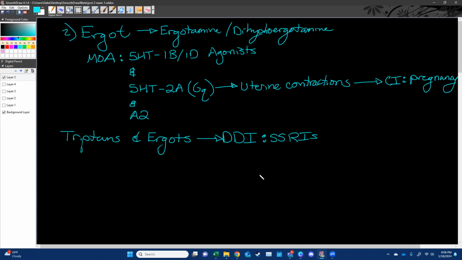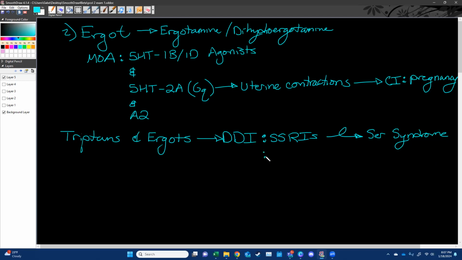The issue is that SSRIs increase the amount of serotonin available in the body, so if you combine these drugs with SSRIs, you have the chance of creating serotonin syndrome. So you definitely have to double check that someone is not on an SSRI.